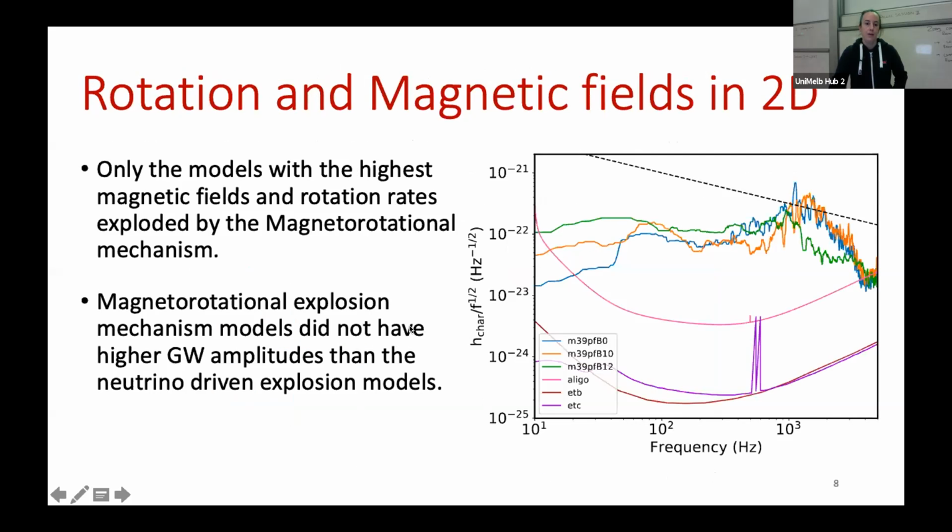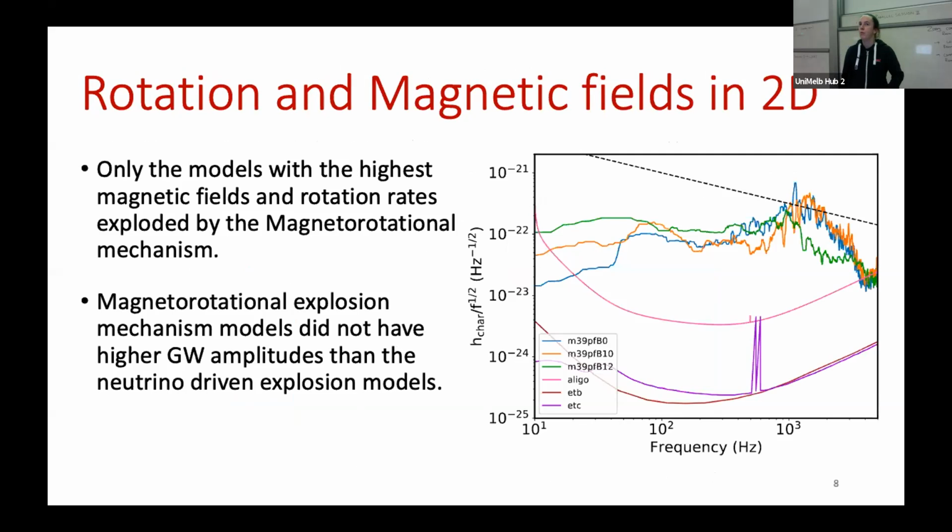One thing that I thought was interesting was that because the previous simulations with rotation and magnetic fields were only 40 milliseconds, they were stopped before the star actually exploded.